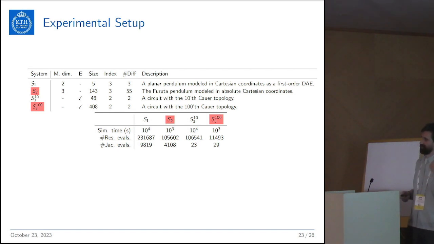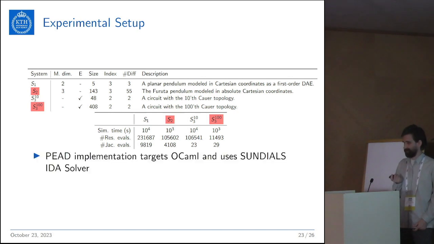This is because the solver detects that this matrix is actually constant, so we don't need to evaluate it that many times. You can compare that to S2, where the solver repeatedly has to evaluate the Jacobian matrix during solving. So essentially, we don't expect to see much improvement for S3100, and we will come back to that.